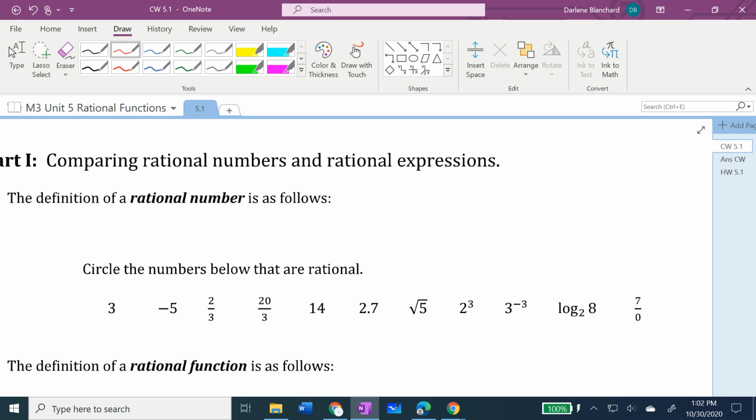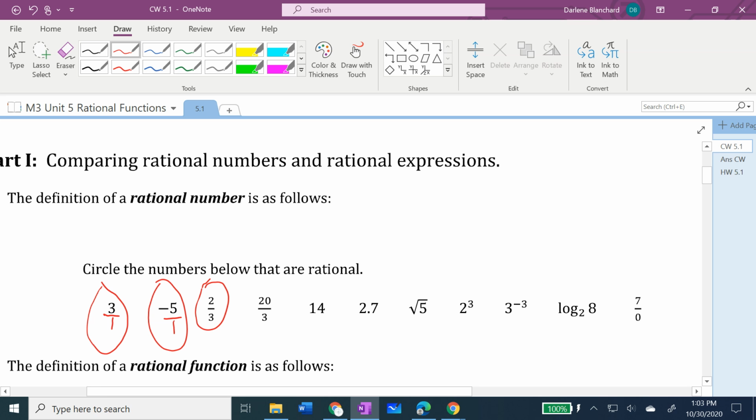I'm going to start with what looks most obvious. 2/3, does that look really obvious that that's rational? Do you realize that 3 and -5 are also rational? They can be written as 3 divided by 1 and -5 divided by 1.